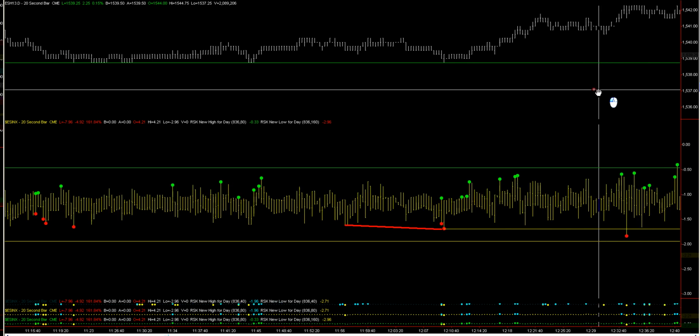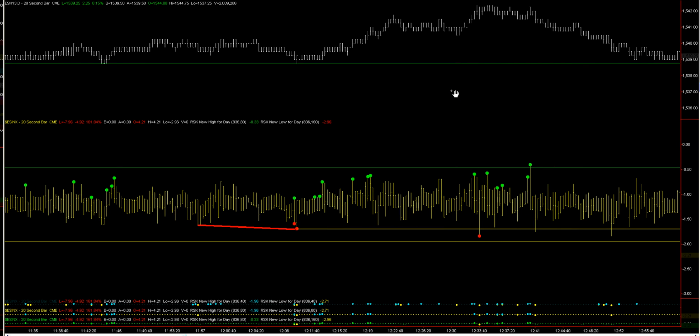When that occurs, we now have to revise our expectations of what will occur. At this point here, we expected a return to this price, but when the premium dropped below that level, we can only expect that the Spoos will drop lower than the bar with which it is associated.